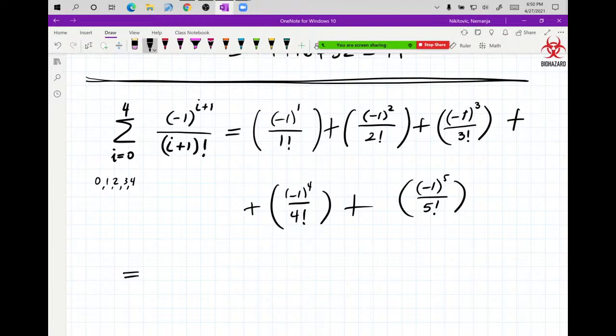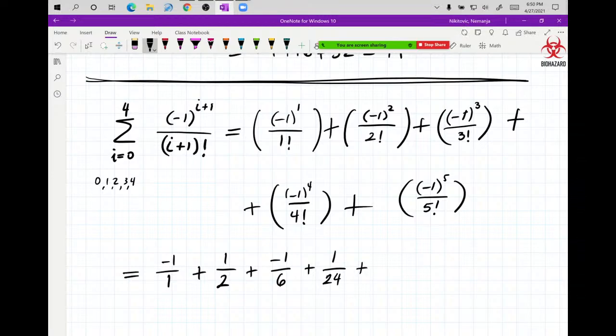This is equal to negative 1 raised to the 1, that's negative 1, 1 factorial is 1, plus negative 1 squared is positive 1, 2 factorial is 2, plus negative 1 cubed is negative 1, divided by 3 factorial is 6, plus negative 1 raised to the 4th is positive 1, divided by 4 factorial, which is 24.